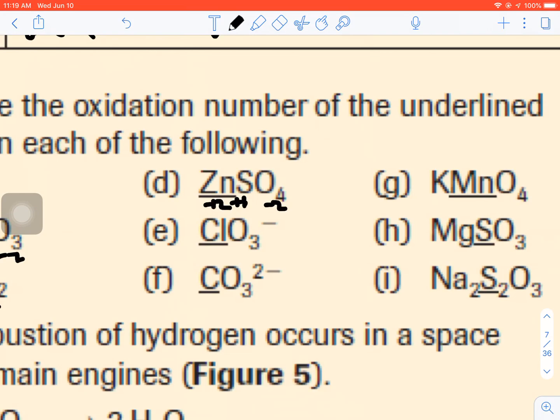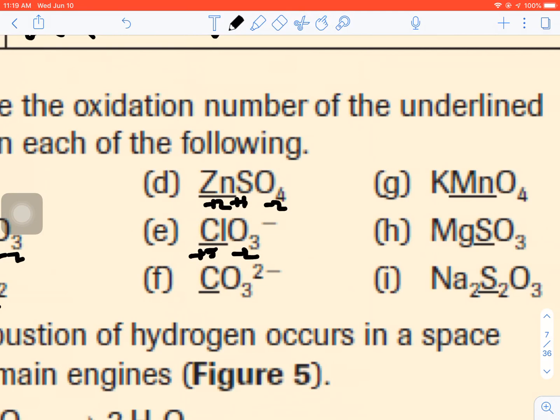If I look at chlorate, now the ClO3-, that's a tricky one. Notice that I have oxygen, which is -2. I have 3 -2s, that makes 6 minuses. Notice I'm going to have a minus left over.